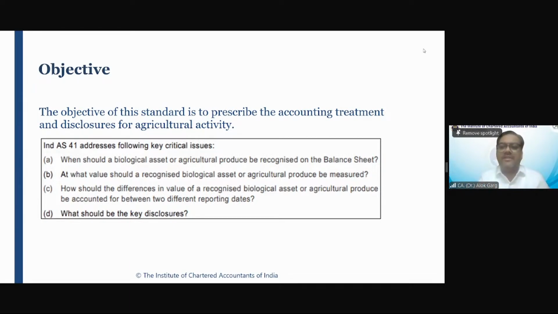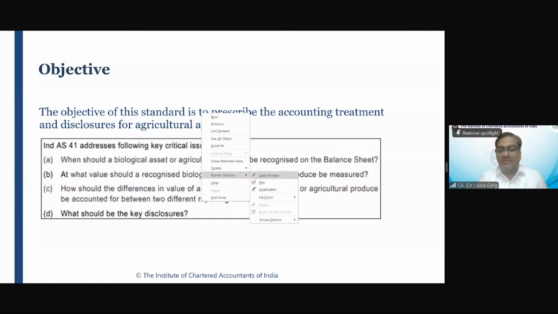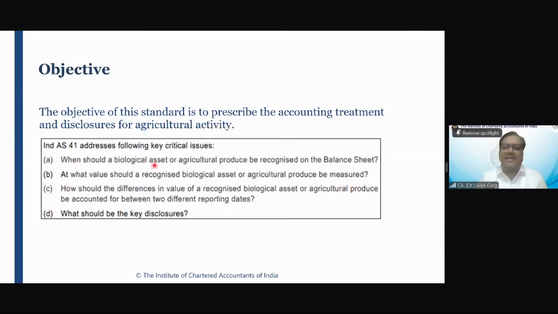This standard addresses the following critical issues. What are the issues addressed by this standard? When should a biological asset or agriculture produce be recognized in the balance sheet?